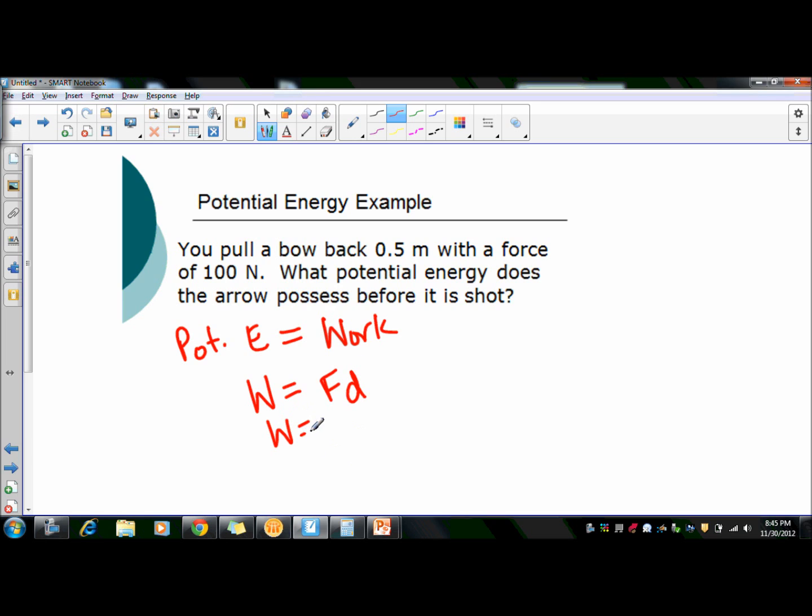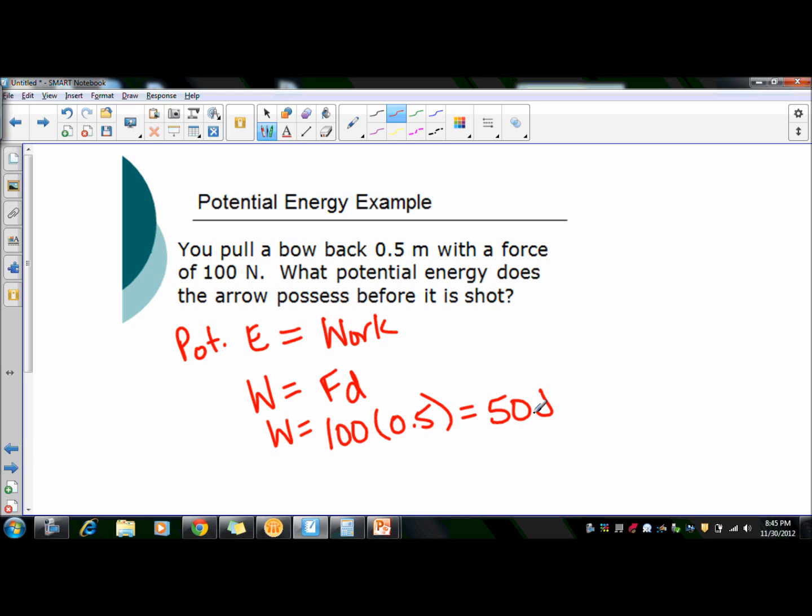So we can solve for work, and we would then know this amount of work gave that bow this much potential energy. So we did 100 newtons of force over 0.5 meters, and so we get 50 joules of work.